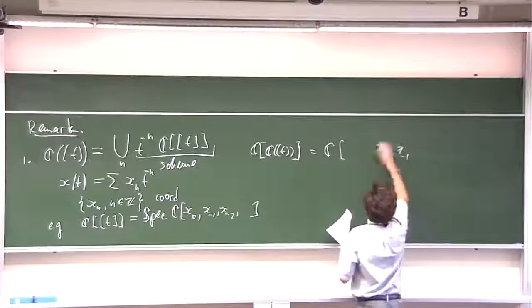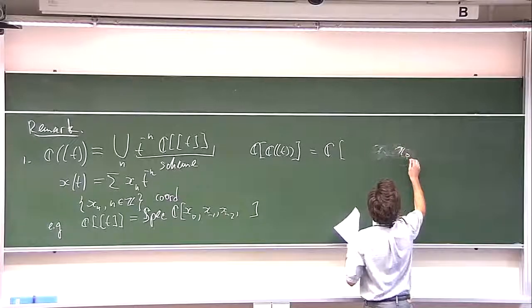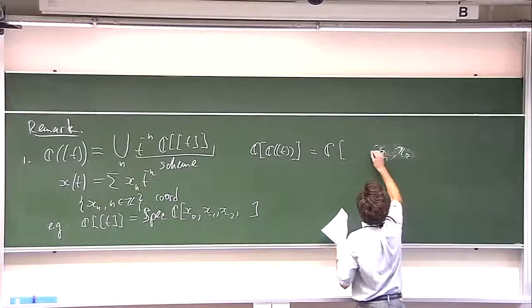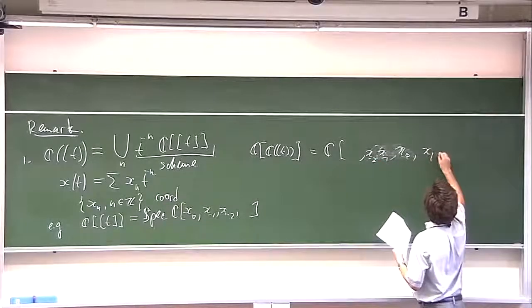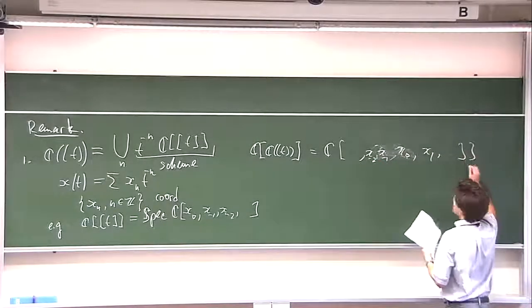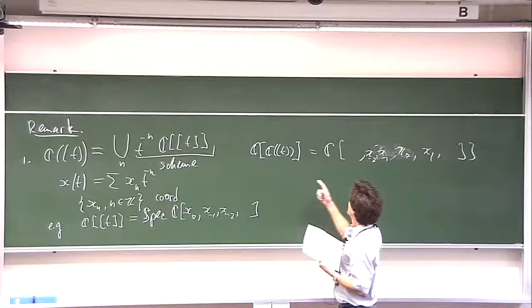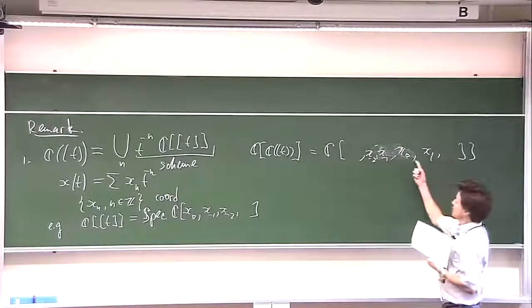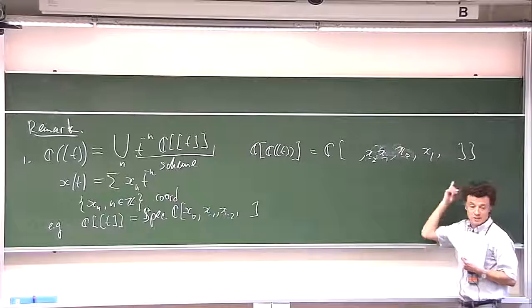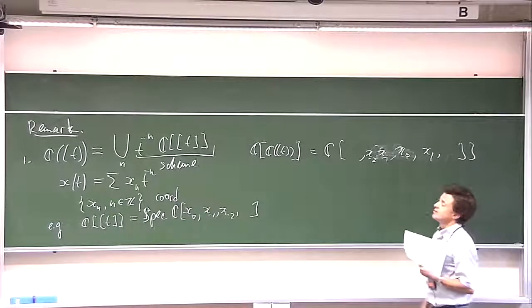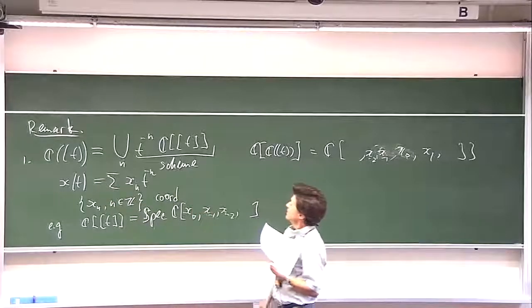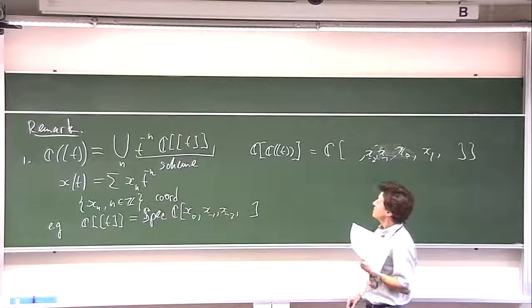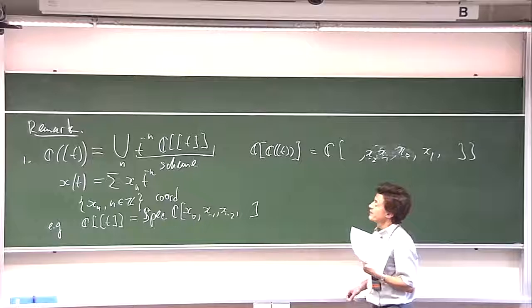Maybe x0, x minus 1, x minus 2, etc. The fact that this is a union means that you should allow infinite series in that direction. Think about it. You will be able to evaluate whenever only finitely many positive x's are non-zero.